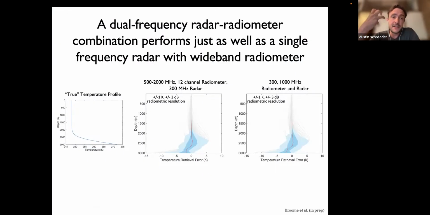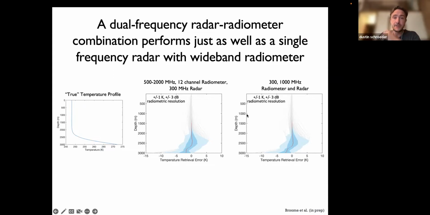There's an insight beyond just like, okay, are we building a giant sort of downward facing radio telescope, swanky radiometer and swanky radar? And one of the things she also has shown is that actually you can back off a lot on the demands of the radiometer, one, by using the radar together, and two, by implementing it on the ground.